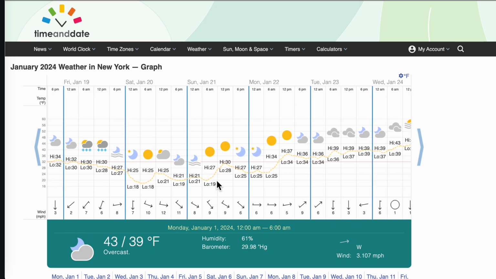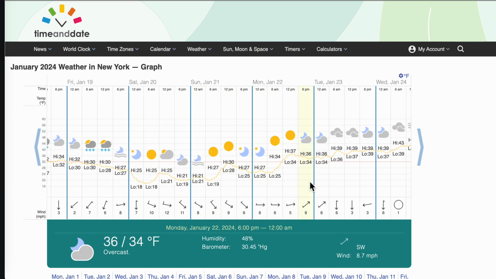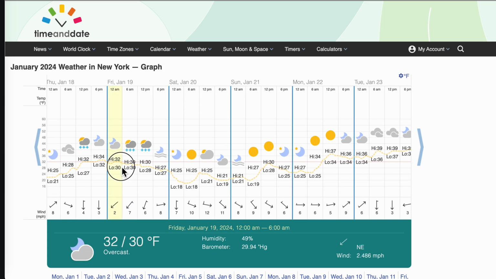I scroll along, high temperature 32, high temperature 32. All right, with that high temperature of 32, we come up with a humidity value of 49.